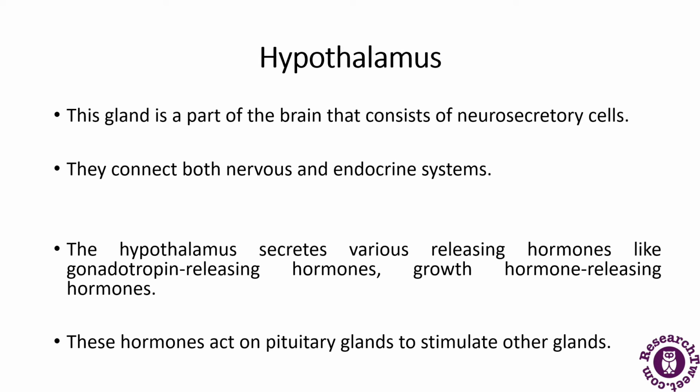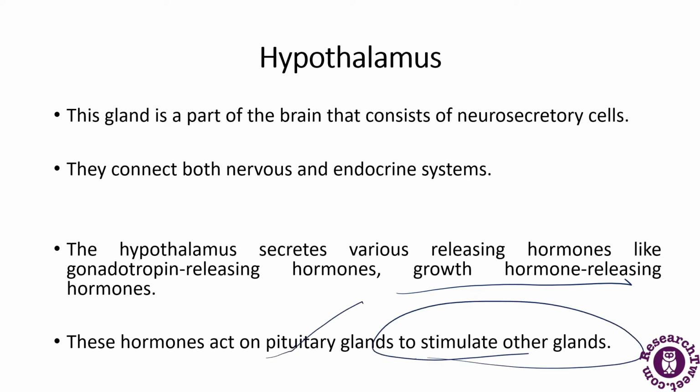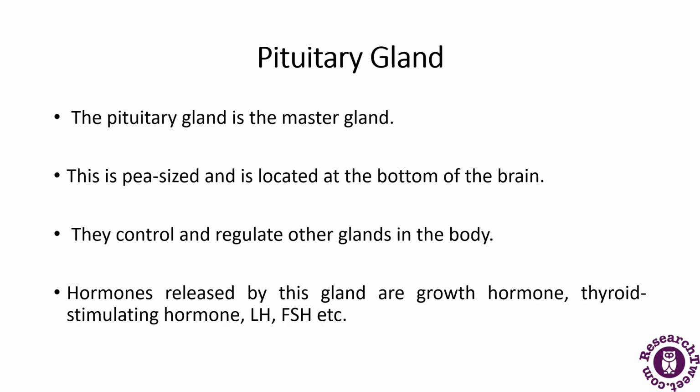The main job of the hypothalamus is to tell your pituitary gland to start or stop making hormones. It secretes various hormones like gonadotropin releasing hormone and growth hormone, and they act on the pituitary gland to stimulate the other glands. So this was about the hypothalamus.